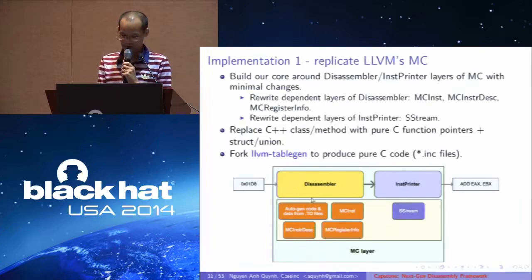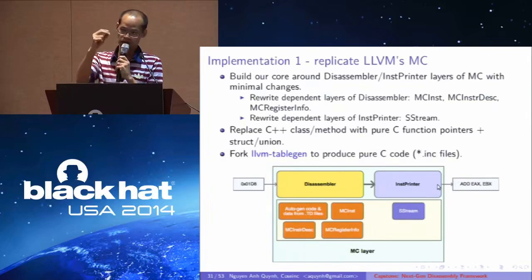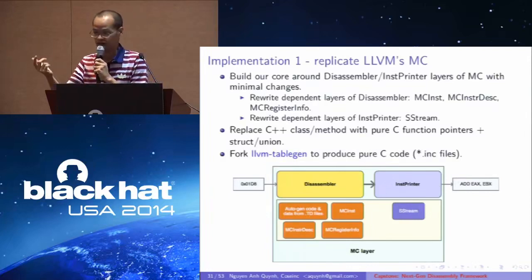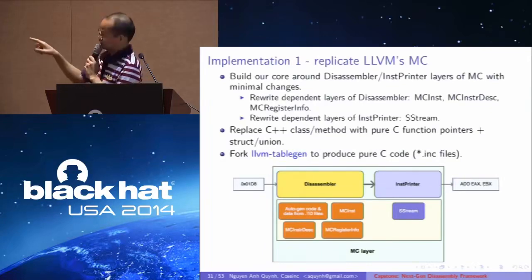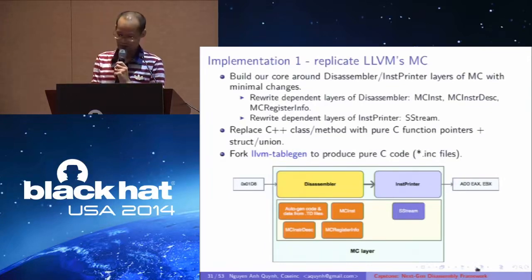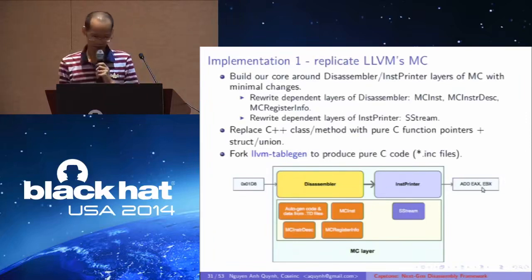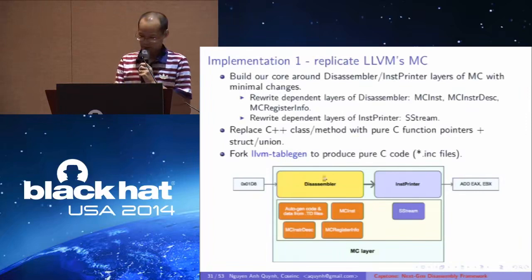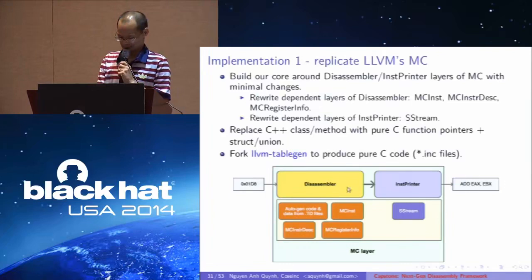And after this decode step, the output will be sent to the printer, which will print out the internal information of the decoded instruction to a buffer. And inside the buffer, you have the assembly. So given the input on the left side, you get the output on the right side, the assembly representing the binary code. And these two main components, disassembler and printer, rely on many small other components at the bottom.